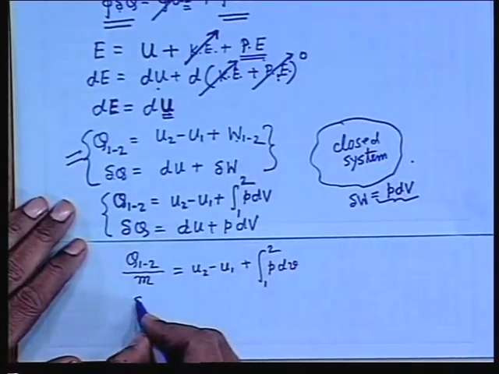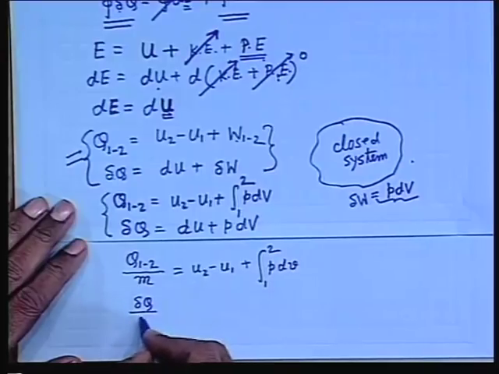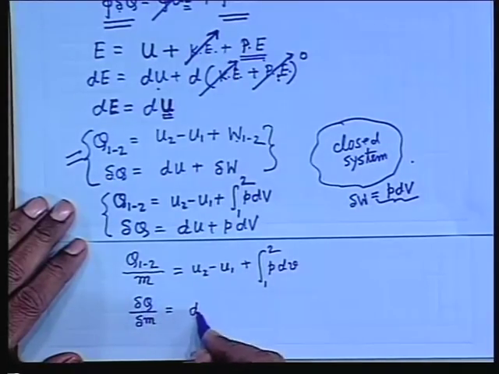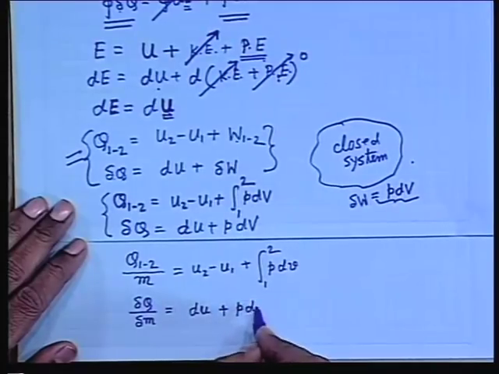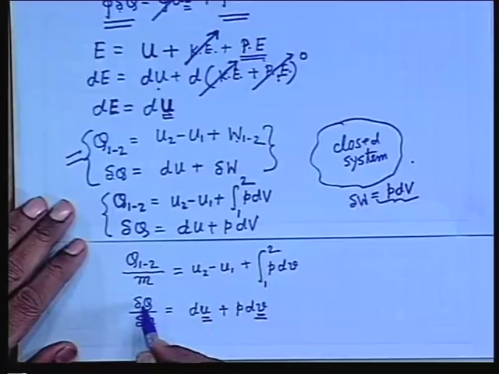So therefore here also, delta q by delta m, if delta m is the mass of an infinitesimal system which receives an infinitesimal amount of heat delta q, here also it is the differential of small u, that means small u refers to specific internal energy per unit mass, plus P into dv, specific volume. That means this is a point function in terms of specific values, this becomes an intensive property, this is the specific internal energy, and this is the heat addition per unit mass.